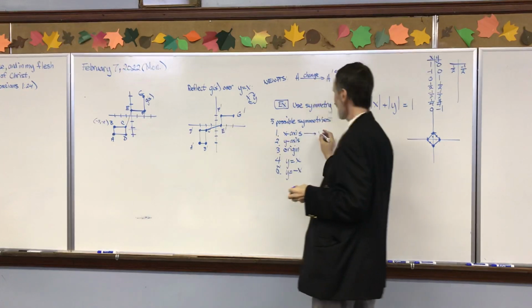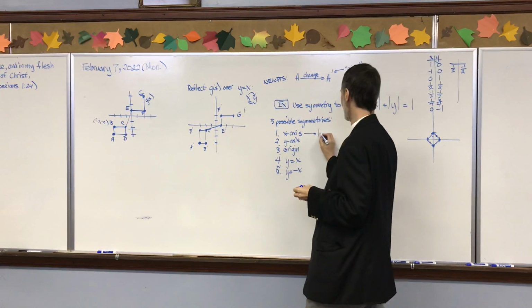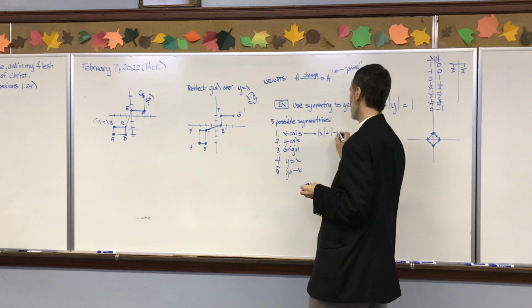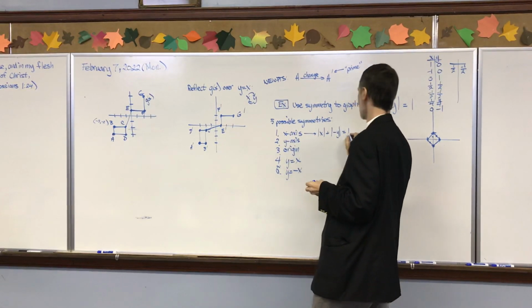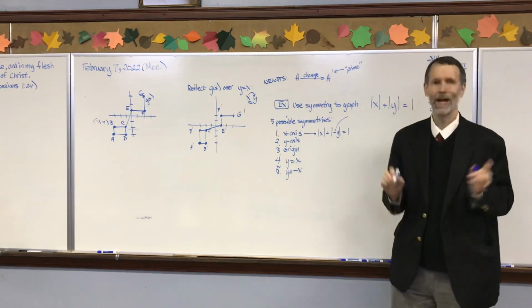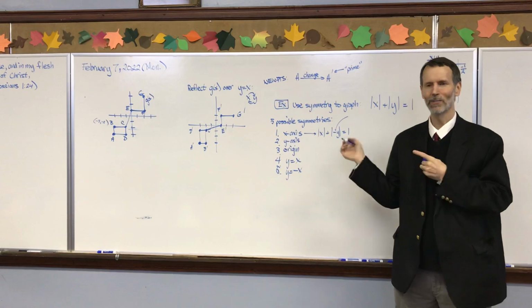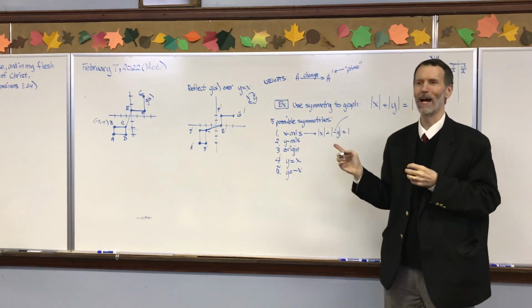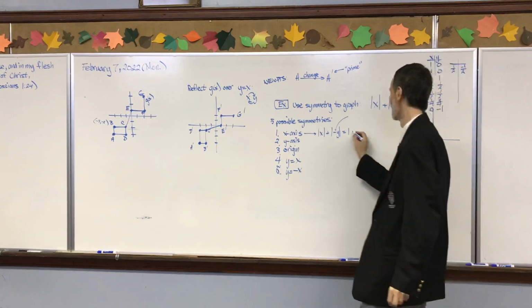Watch what I'm about to do. If I do the x-axis symmetry, here's the test: absolute value of x plus the absolute value of the opposite of y. See what I just did? That's new. Can somebody simplify that for me? What is the absolute value of -y? It's y.